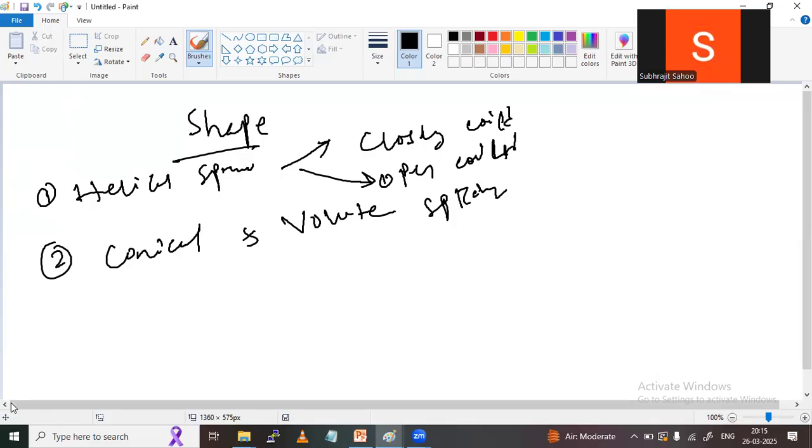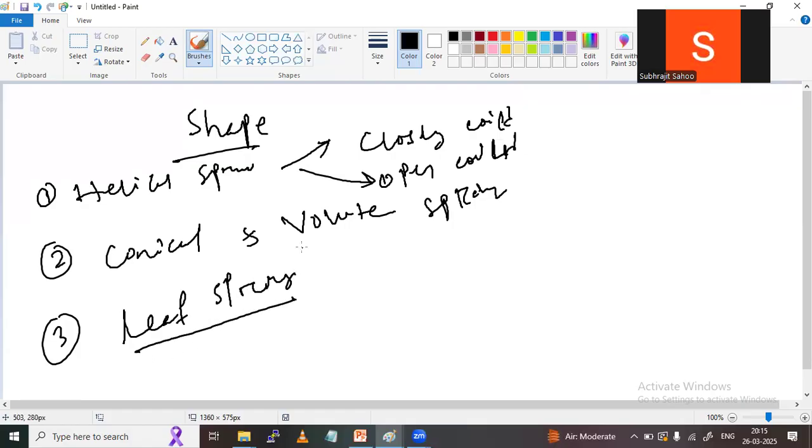Then the torsion spring I also told based on the load applications. The third one is leaf spring. In heavyweight vehicles, trucks, buses, we are using the leaf spring, plate type of material, plate type of shapes.